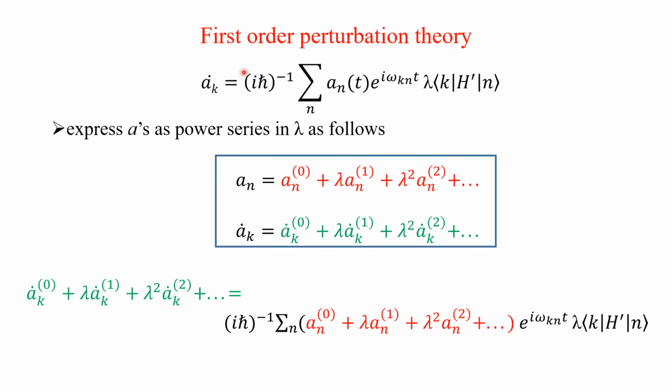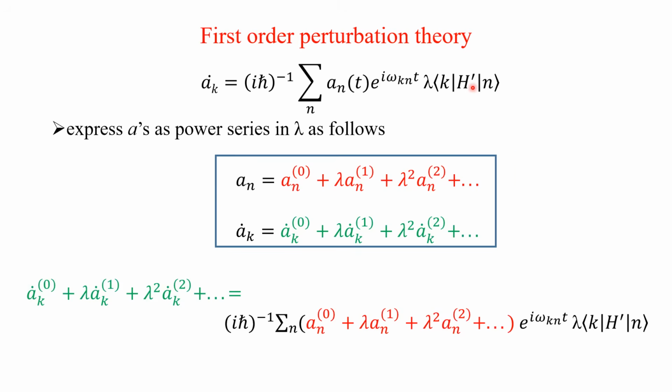Now we will see the first order perturbation theory for the time dependent case. Already we have seen it for the time independent case. Just now we have seen that ak dot is equal to i ħ inverse, summation over n, an of t, e power i omega kn t, lambda, into this term, that is bra k H prime ket n.